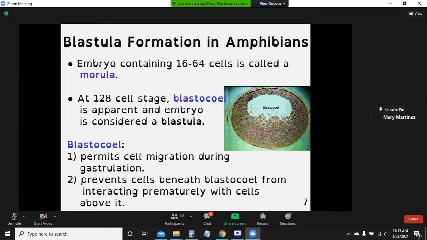So you need to be in the right position at the right time to be able to form the right type of tissues, okay? So cells from the roof of the animal pole, if transplanted to the floor of the blastocele, will be induced to form mesoderm instead of ectoderm, for instance. So these are the types of things that happen if things go wrong.